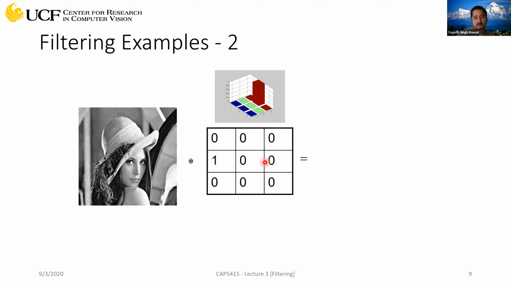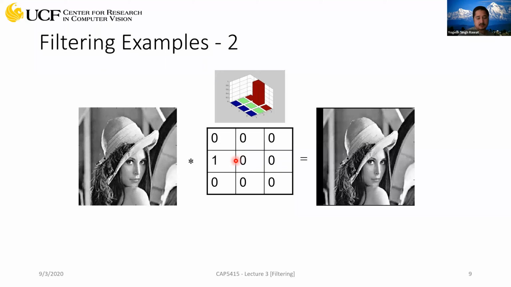So essentially what this filter is doing is taking the value from the left pixel and moving it over to the right pixel. In that way, it's shifting all the pixels towards the right. If you apply this on the image, this is what's going to happen. You can see that the image is shifted towards the right.